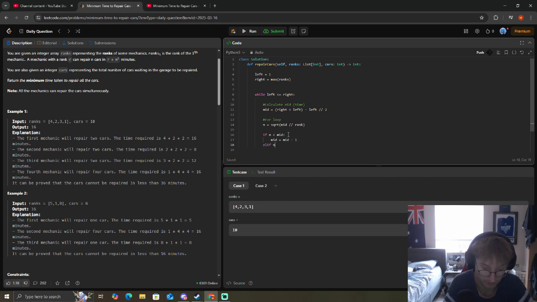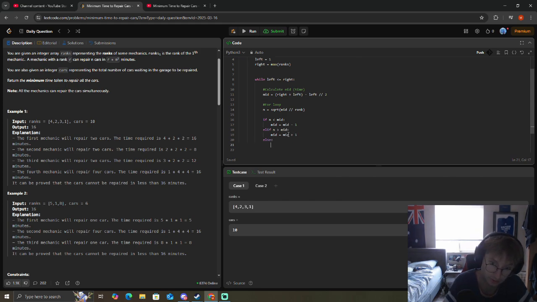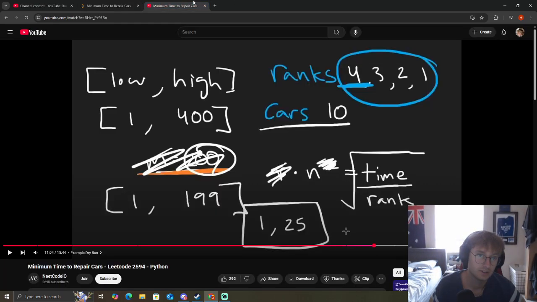Else if n is greater than mid, then our mid is going to be mid plus 1. I think else we just return n, right? I think. Let's take a look at what he does.